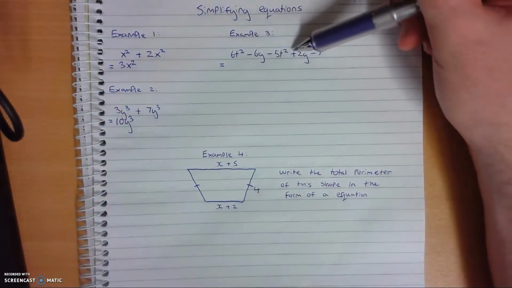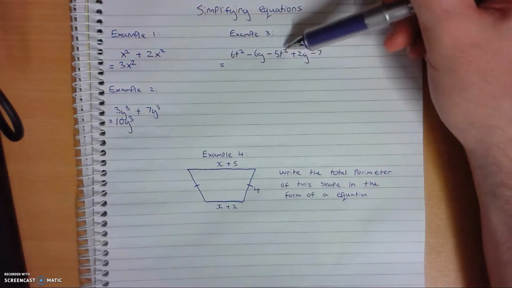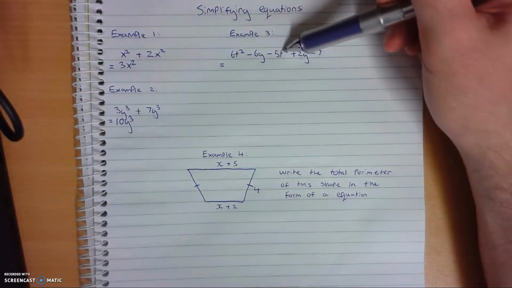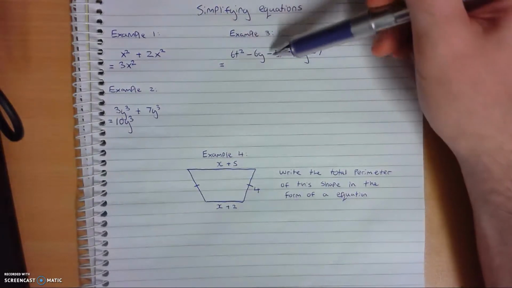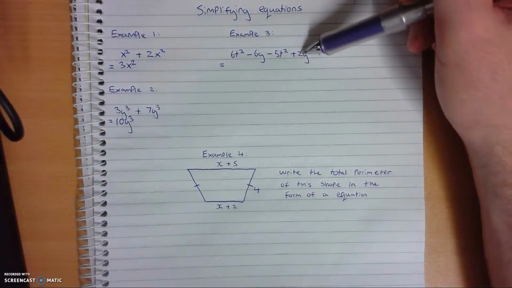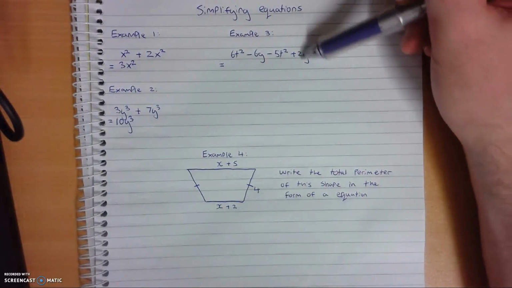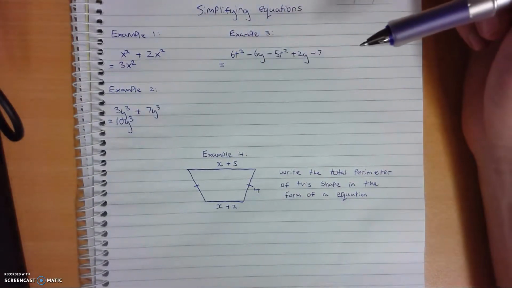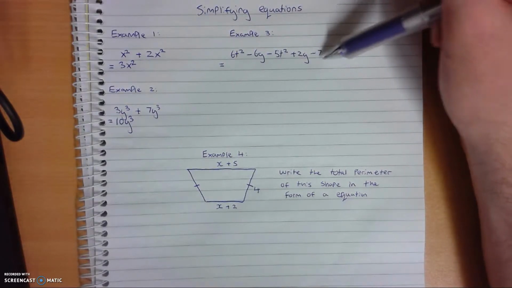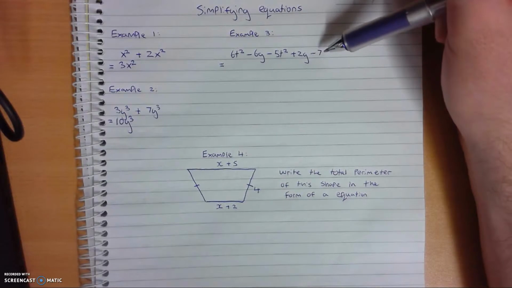I can see another t to the power of 2, so I know that this term here and this term here are like terms. So I know straight away that I can simplify these two right here. All right, I've got 6g and 2g, so I know straight away that these are like terms, and I can simplify that right there. I have no numbers by themselves apart from this -7, so that's just going to stay at the end no matter what of the equation.